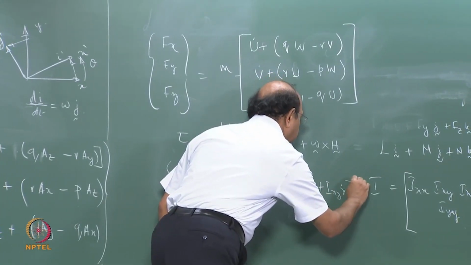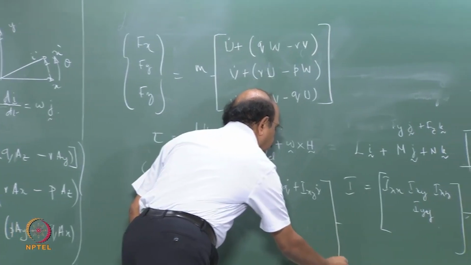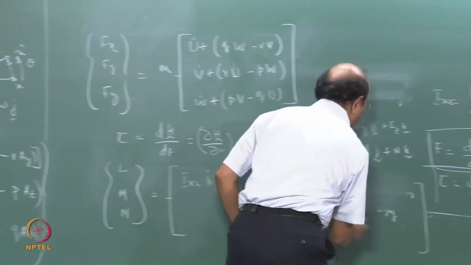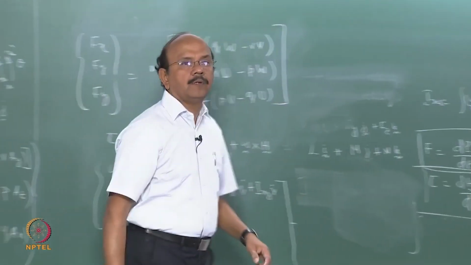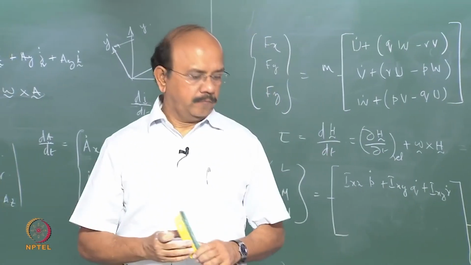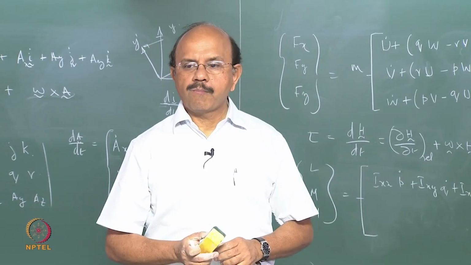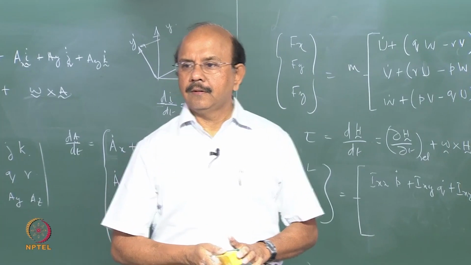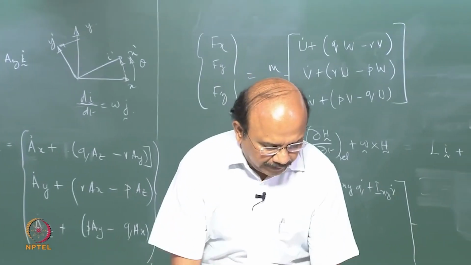That's the first term in the vector, plus omega cross H. Okay, I'll write down the final things.